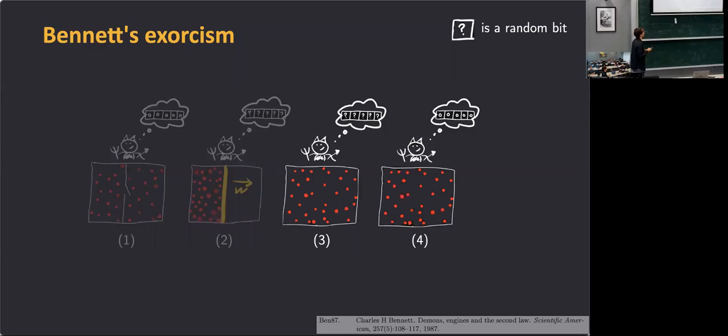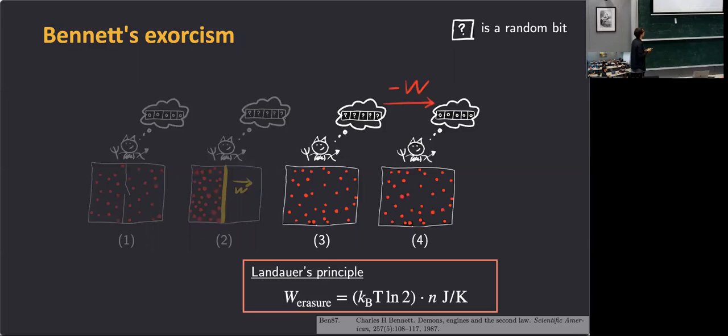And this has a fundamental cost given by Landauer's principle, and it's proportional to the length of the string to be erased. And this cost is, in the best case, exactly at the minimum the cost of the work that was extracted in step 2. So in the end, nothing is gained. In the best case scenario, no work was produced.